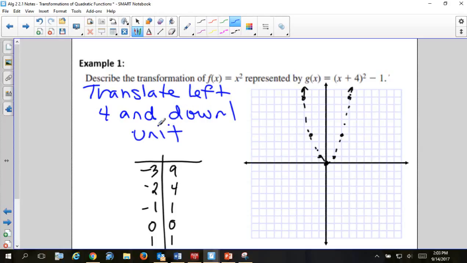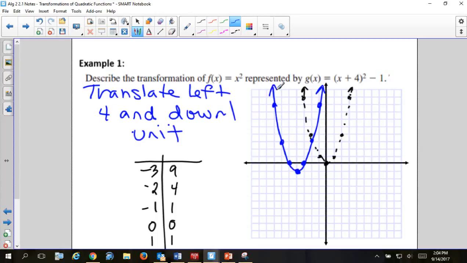So for my vertex, I'm going to move my vertex left 4, down 1, and then recreate the graph. Or you can move every single ordered pair left 4, down 1.